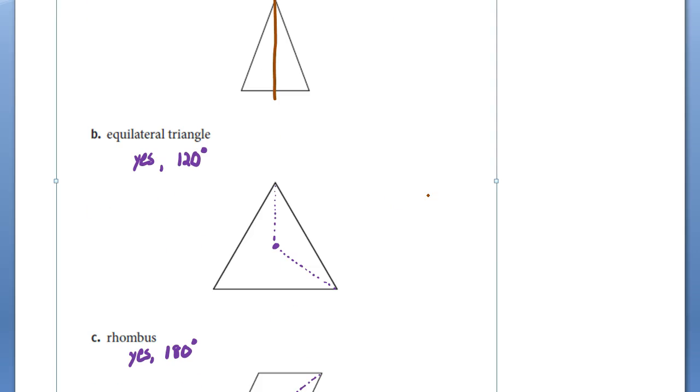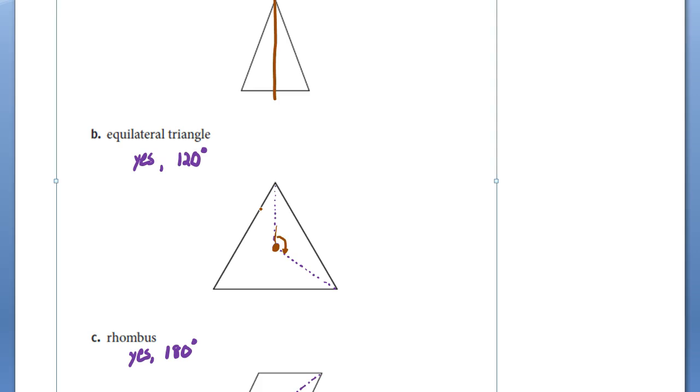Okay, question B, an equilateral triangle. Yes, that does have rotational symmetry. If we locate the exact center of it and then connect one vertex to the center, connect the next vertex to the center, and look at this angle that happens to be 120 degrees.